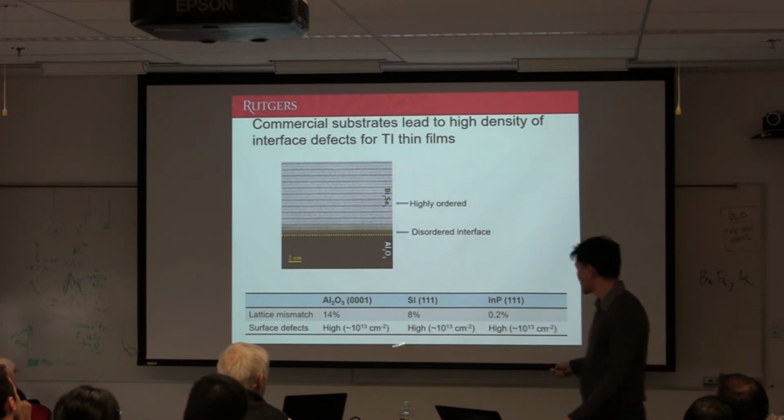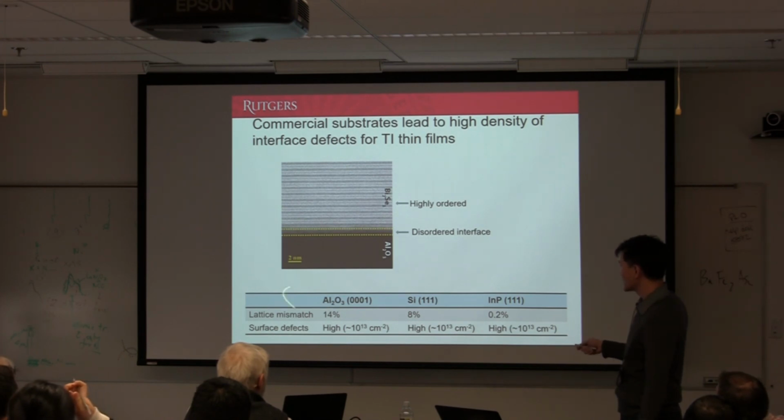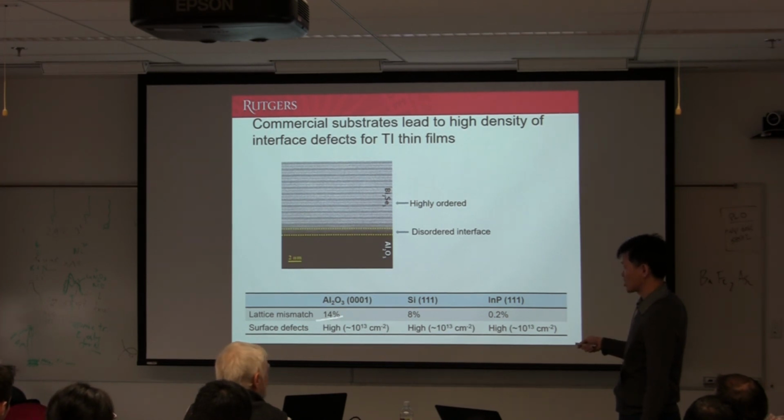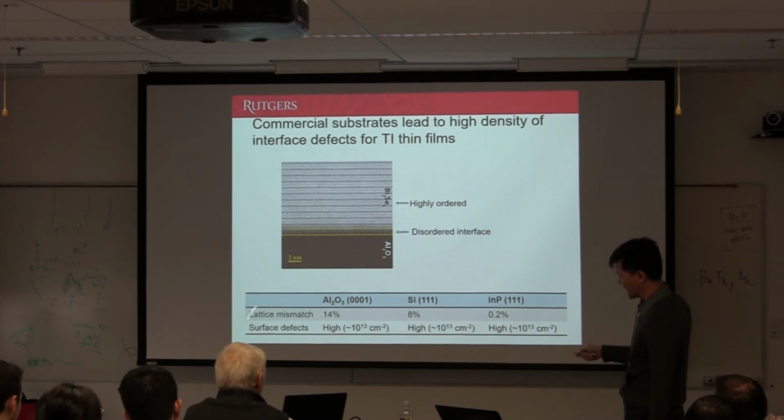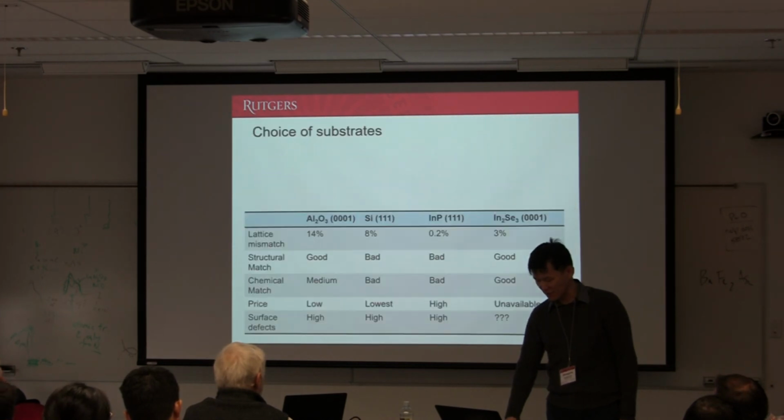These commercial substrates all have some issues. Even if the morphology was good on sapphire, you can see that in terms of morphology it is best on sapphire, even with a very bad lattice mismatch. But the surface defect density and interface defect density are all very high. So what is the solution?